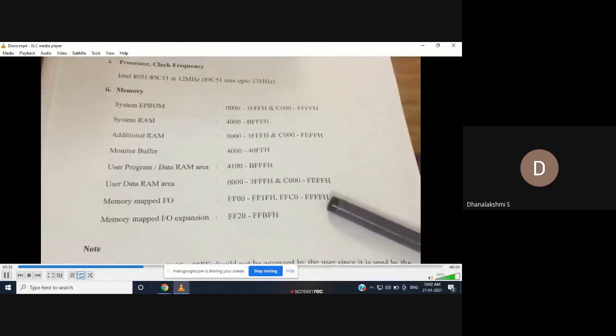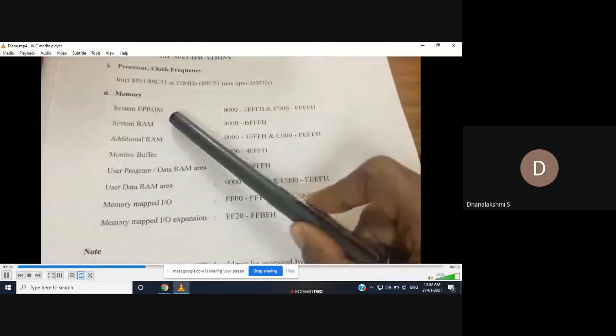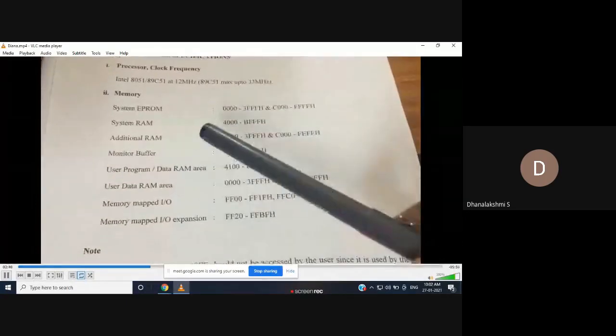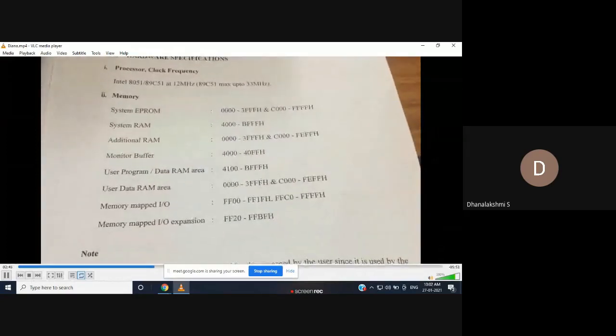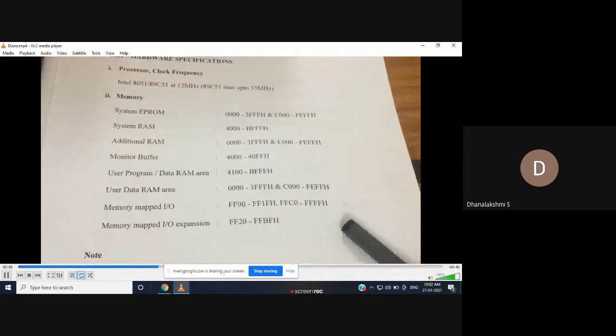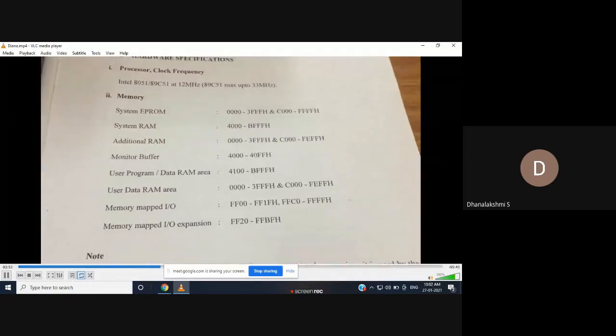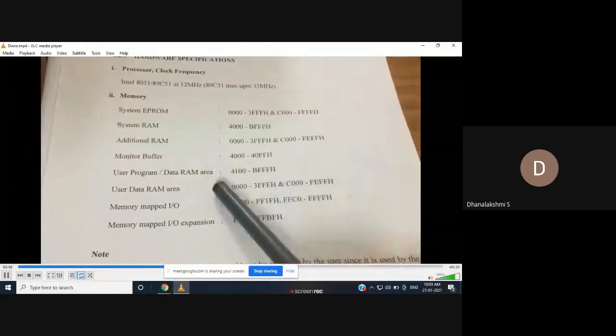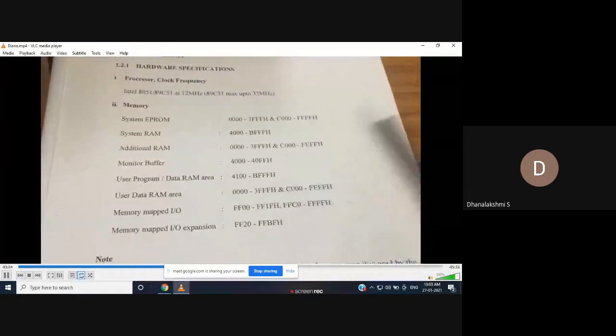We have system EEPROM, system RAM, additional RAM, monitor buffer, data RAM, user data RAM, memory mapped IO, and expansion. So you can see the respective areas of programming. And for the user, we can preferably use only this area, 4100 to 2BFFH. This is the memory space allotted for the user to program.